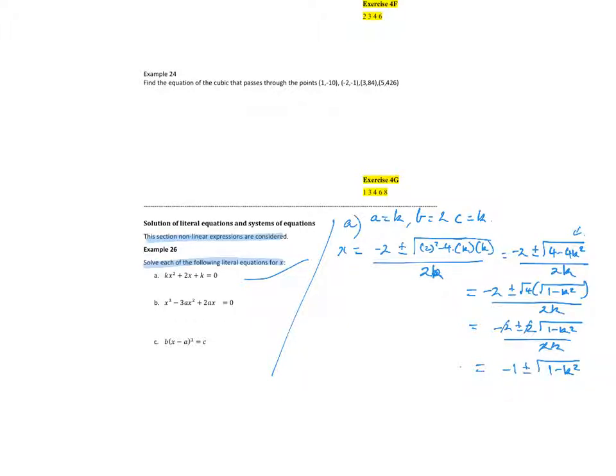So that's what x is equal to, all right? I guess we could have tried to factorize, complete the square, all those things, but I think the quadratic formula was probably the easiest one.